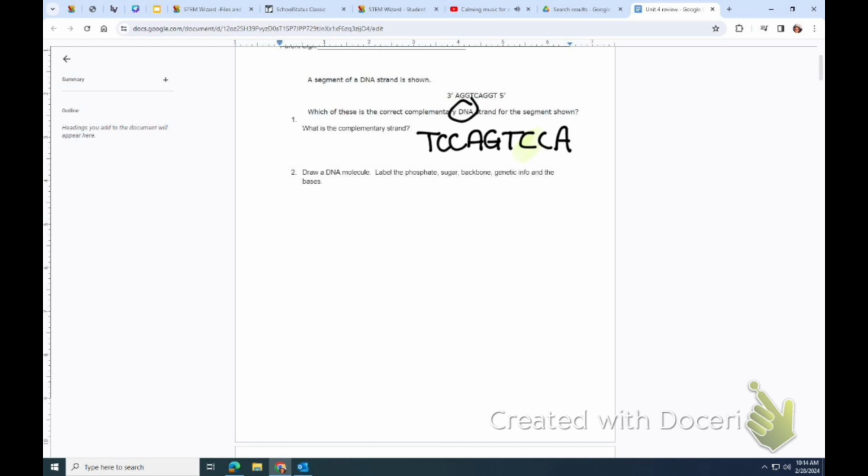The second question, I'm just going to lead because there's so many parts to it, it's almost impossible to break down. This is wanting you to draw DNA and then to label all the parts of DNA. So I'm going to start with my left-hand backbone. I've got my phosphate and a sugar. Phosphate and a sugar.